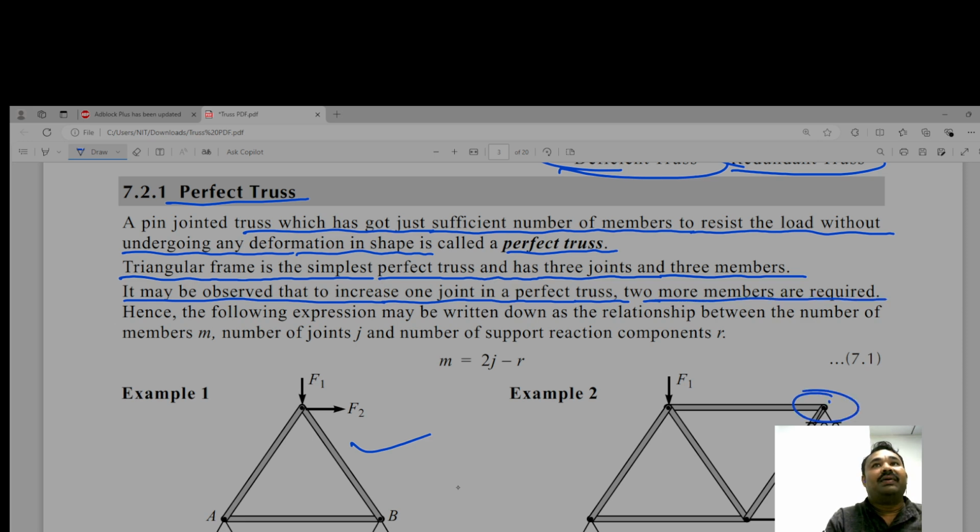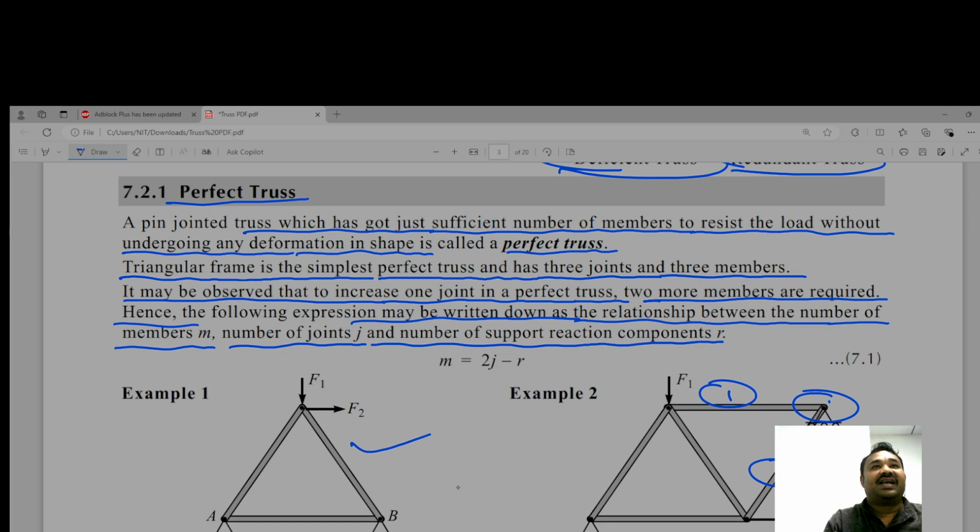Two more members are required, this one and this one. Hence, the following expression may be written as the relationship between the number of members, number of joints, and the number of support reaction components. In this way it is formulated.